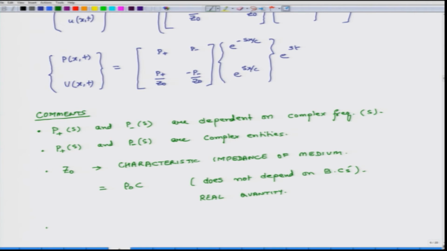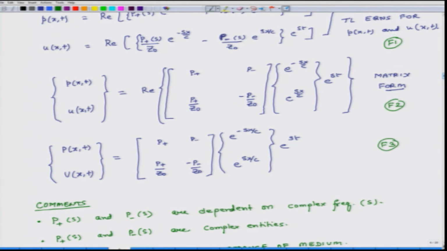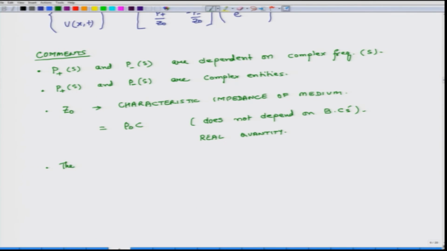The fourth thing is that this equation, so let us call this equation F1, F2, F3. So, there are two transmission line equations. But there are 4 unknowns. What are the 4 unknowns?